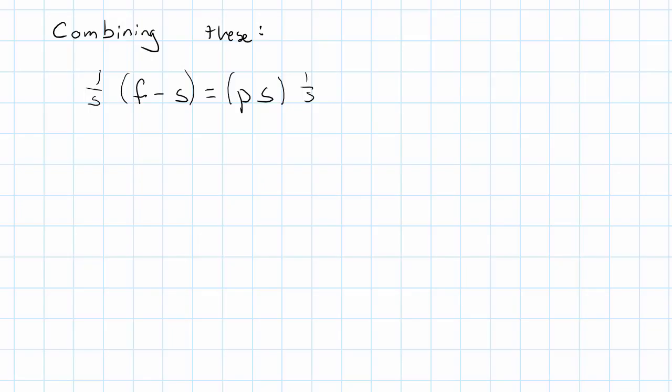But none of this makes any sense if the starting value is 0, so that's okay. The s and 1 over s cancel out, of course, and I'm left with p equals f minus s over s. I'm going to call this formula number 1, and I'm going to use this to calculate percent change.